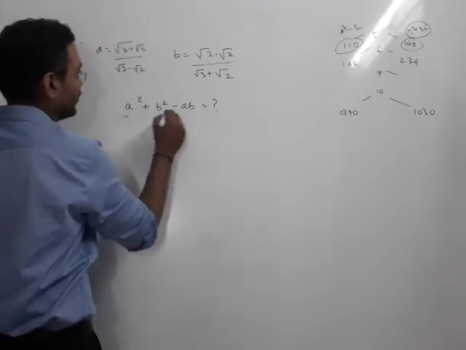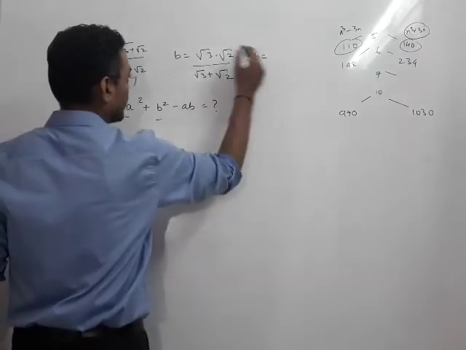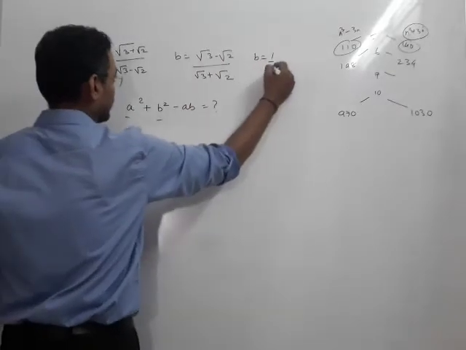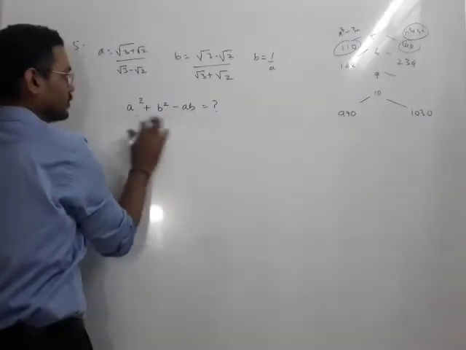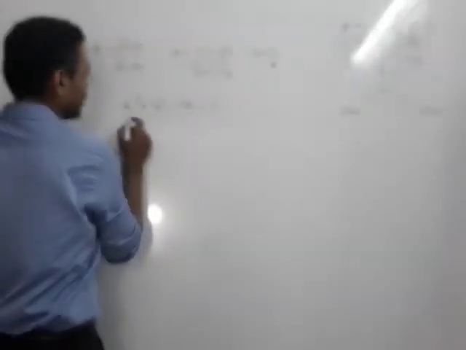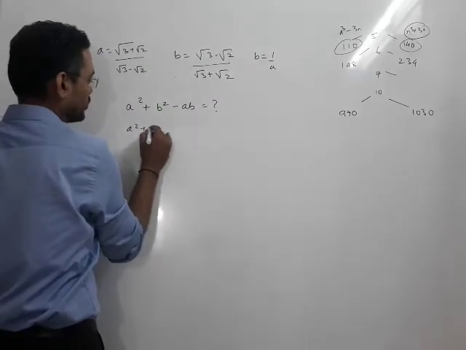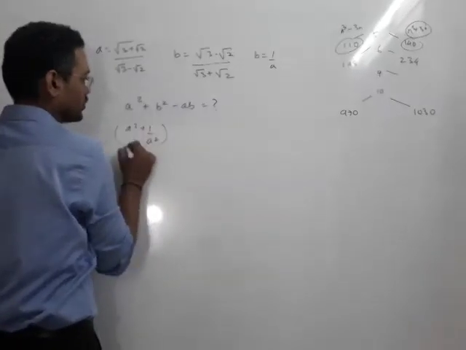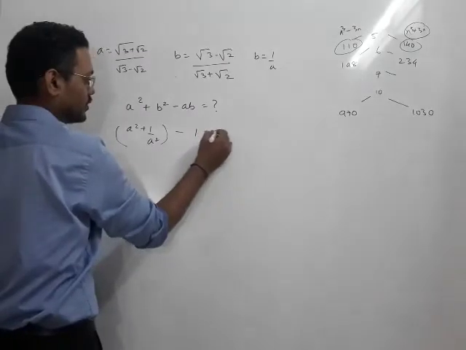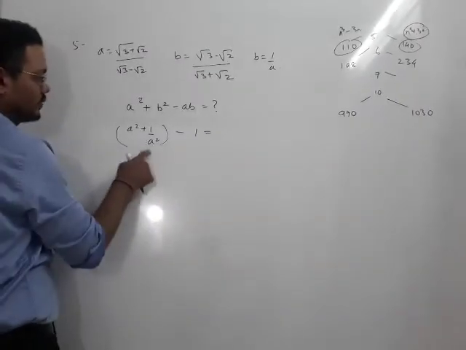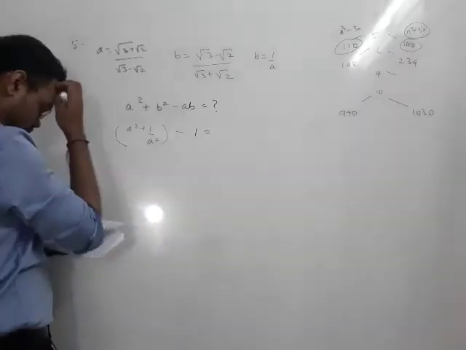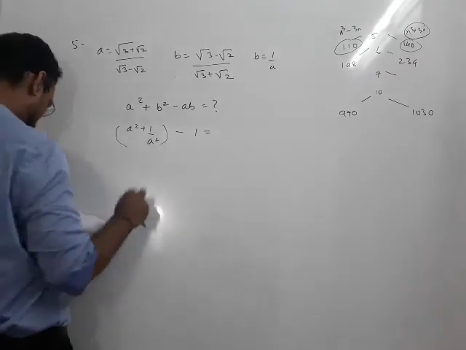Okay, A and B. I can see that B is the inverse of A. So in short, what they have asked for is A square plus 1 by A square, minus AB also. So A square plus 1 by A square, and minus 1 also.